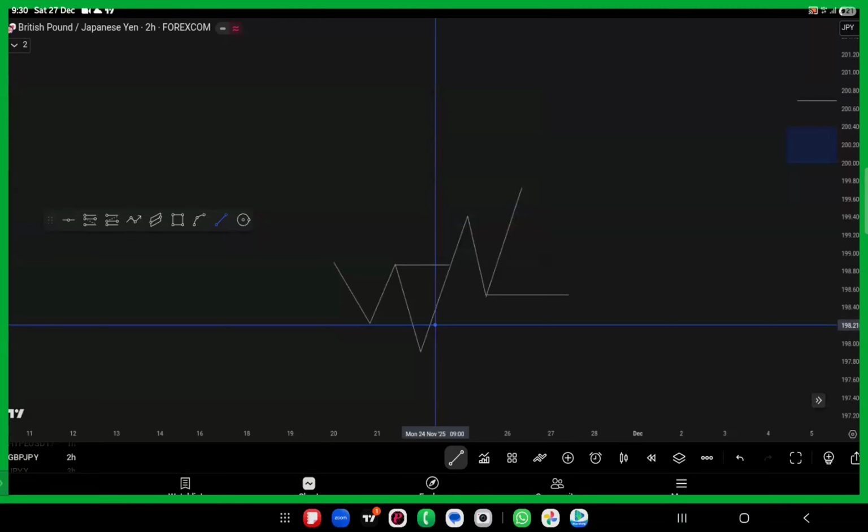We said that price takes out one liquidity and takes out the other liquidity, like one external liquidity, then the other external liquidity. Then we also said that price takes out external liquidity, then taps into internal liquidity before taking out the other external liquidity.